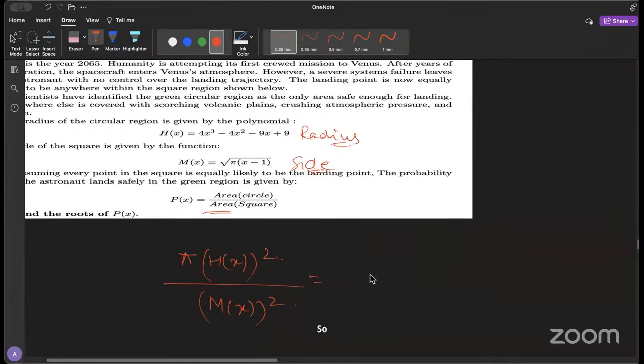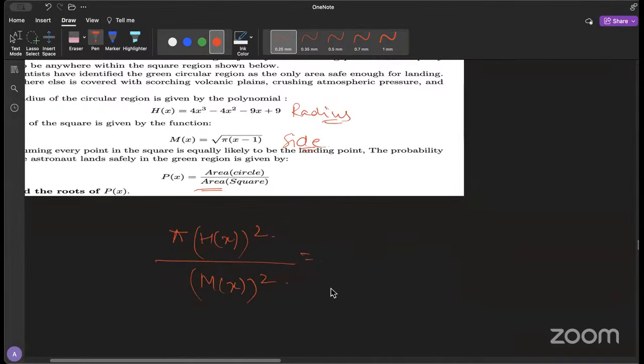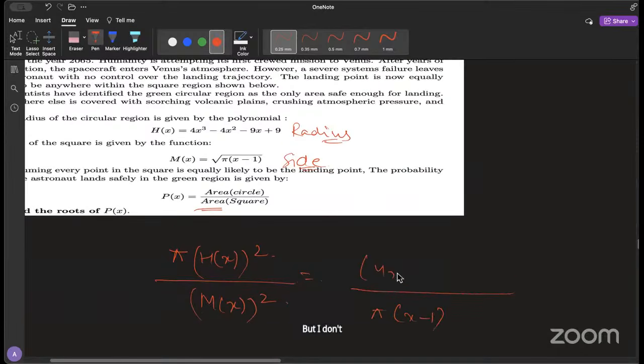So this is going to be equal to, can we find the roots of this one? This mx square is going to be pi x minus 1. But I don't want this to be multiplied. Let's do one thing. Minus 9x plus 9.